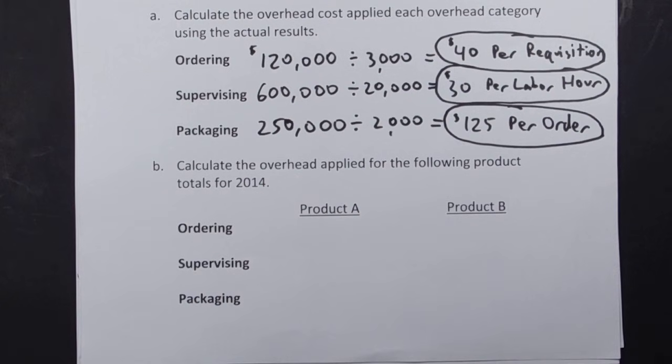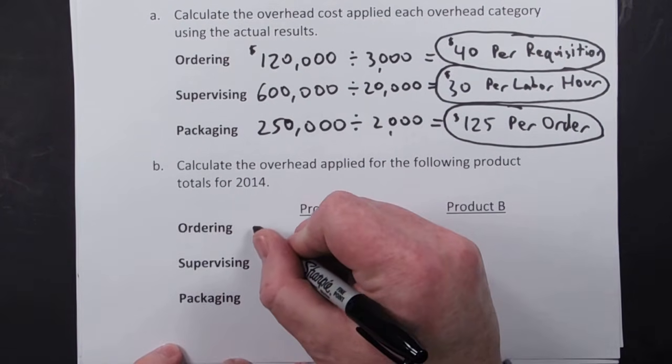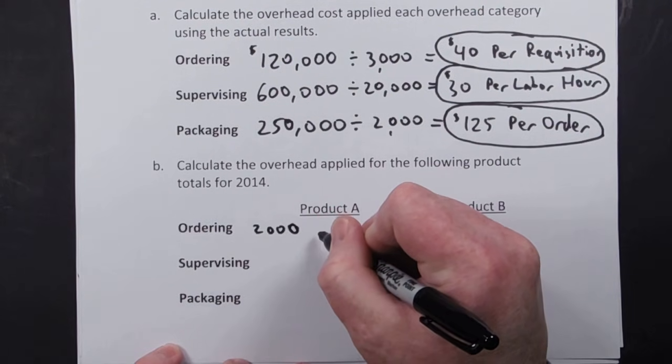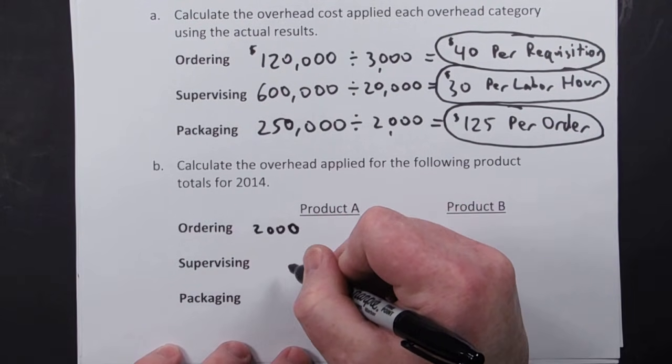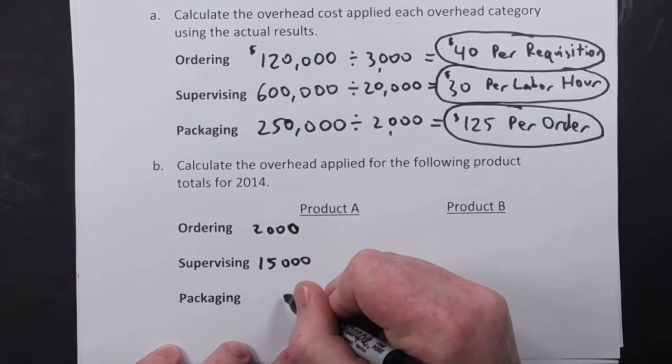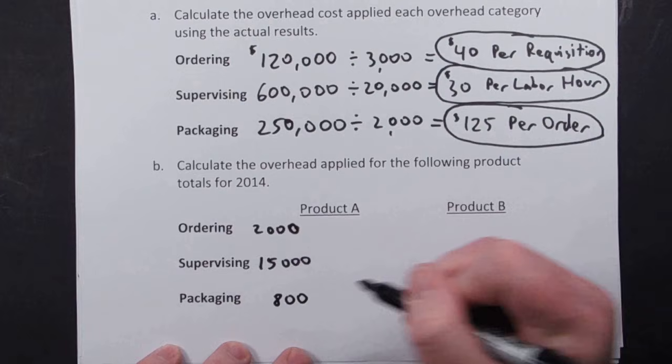So we just come down here, and now we're going to use, for product A, the requisitions, the labor hours, and the orders, and multiply them by our rates.